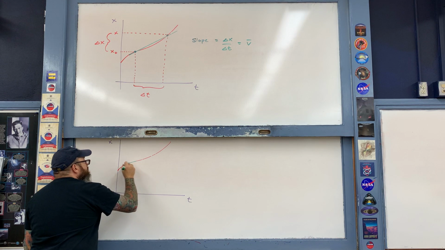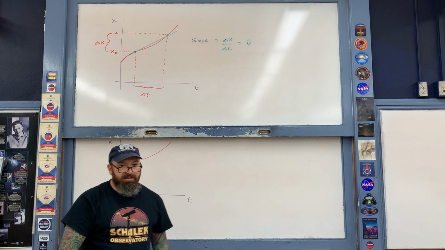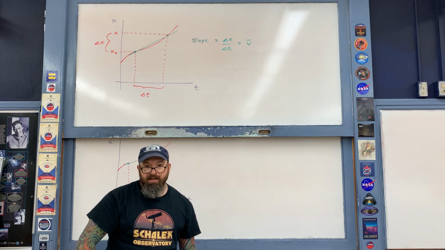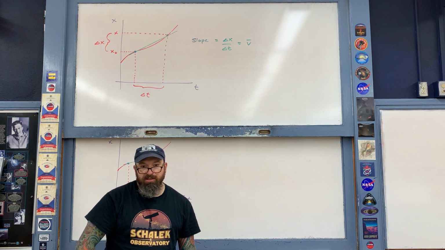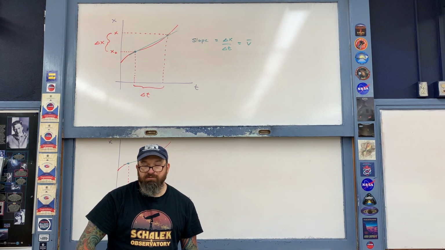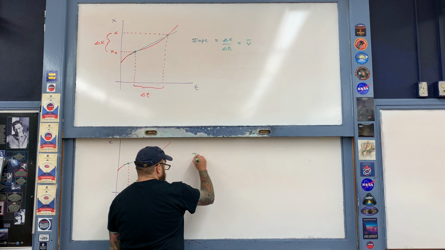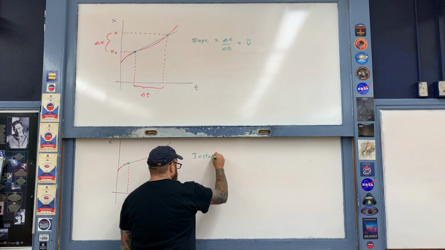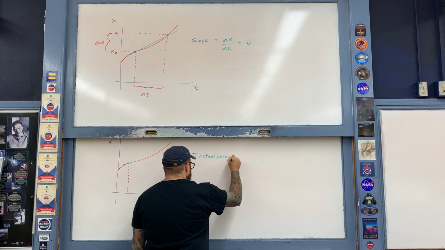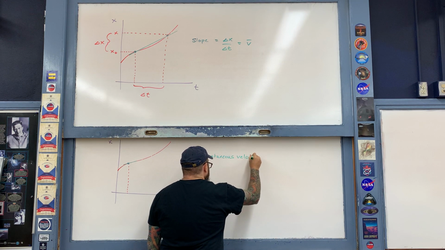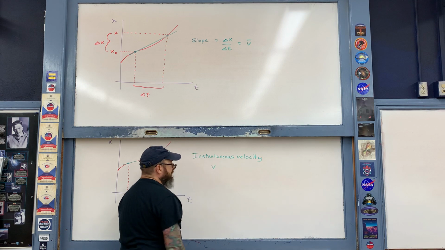The slope of this green line, what is referred to as the tangent line, describes exactly how the position is changing at this instant in time. This is referred to as instantaneous velocity. Instantaneous velocity is just referred to as v.